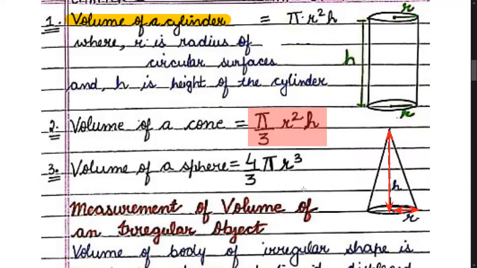And volume of sphere. In sphere, you can have a ball which is spherical. Even our earth is considered to be a sphere. So volume of sphere is 4 by 3 pi r cube.